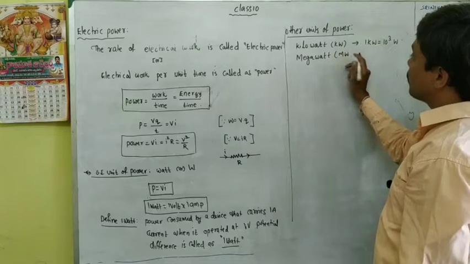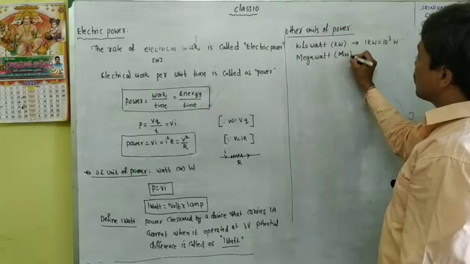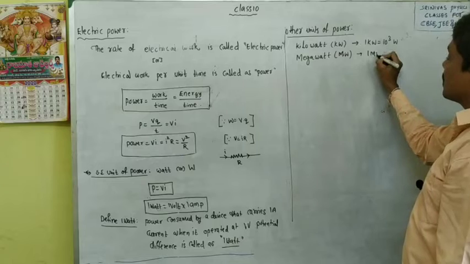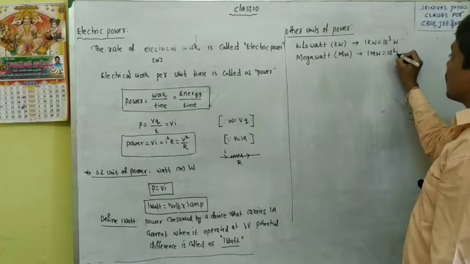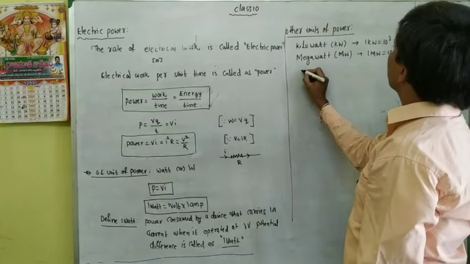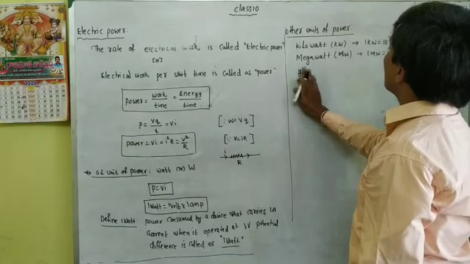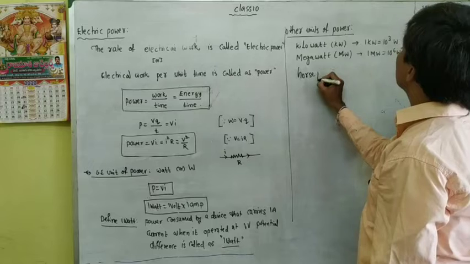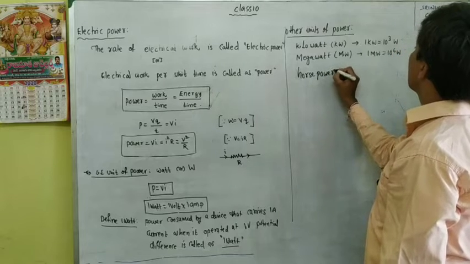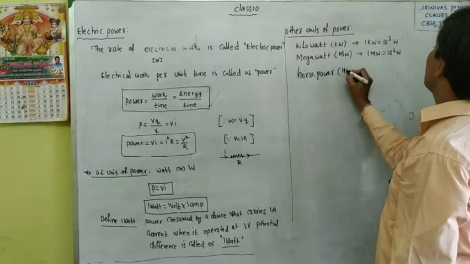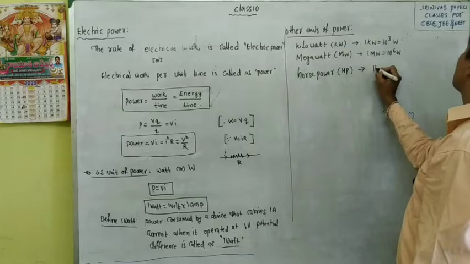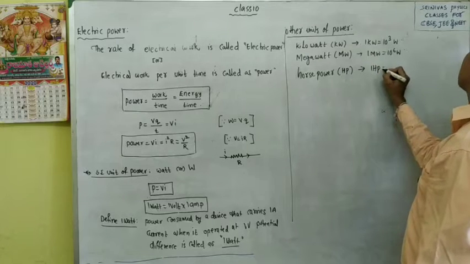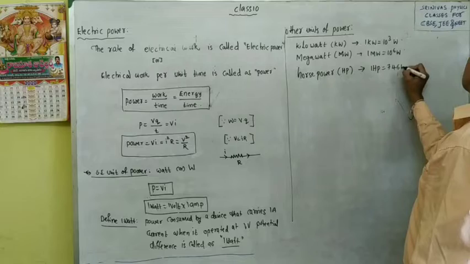Megawatt, capital MW. Mega means 10 power 6 watt. And the other unit is horsepower. Horsepower is also a unit of power, and 1 horsepower is equal to 746 watts.